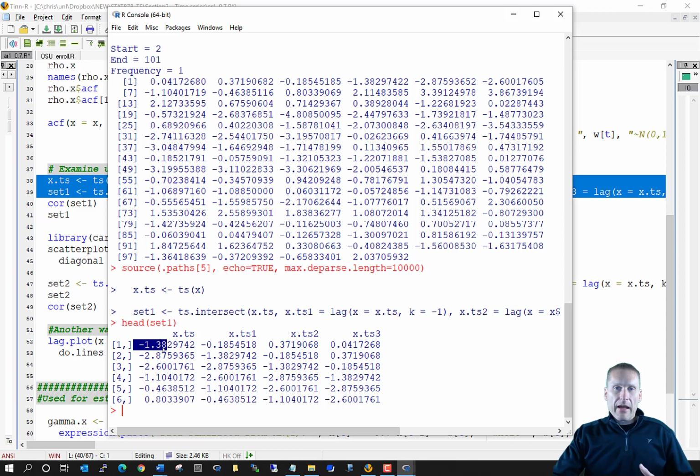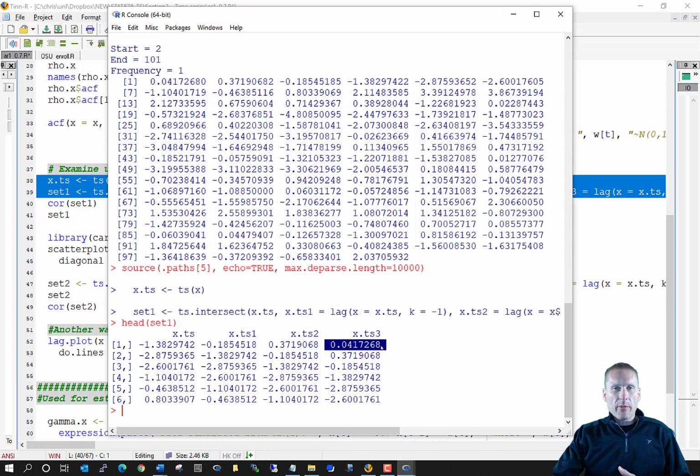Now notice how everything is nicely lined up here. Basically, I'm going to start at time point 4, and I'm going to put in the exact same row, time point 3, time point 2, time point 1.